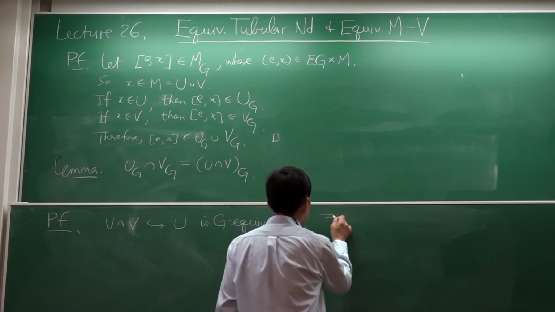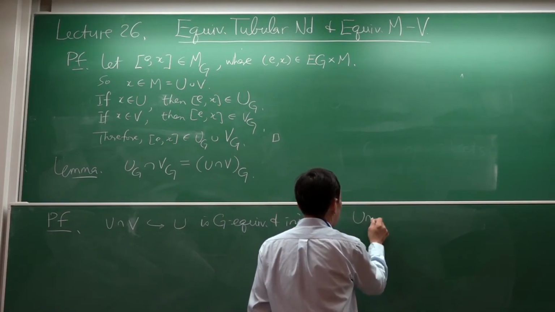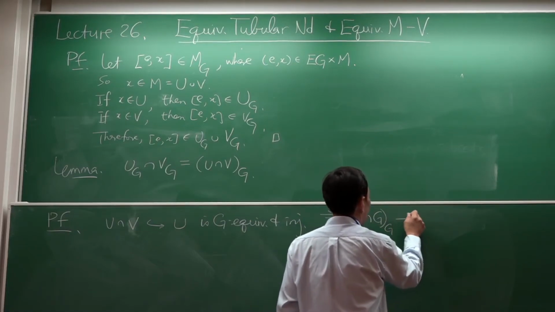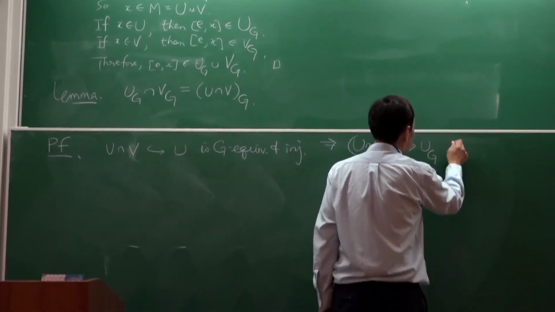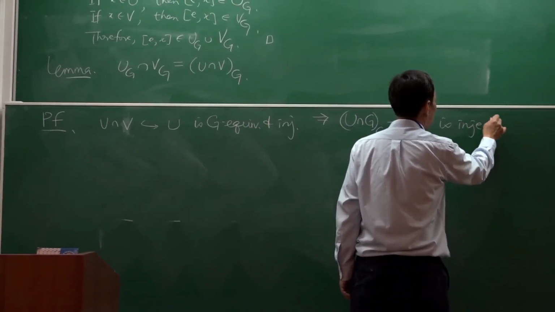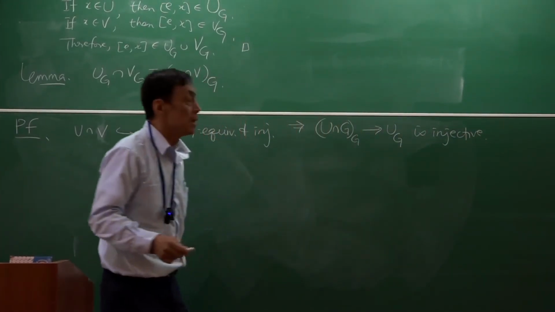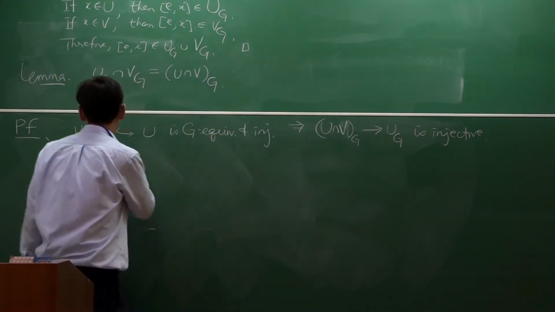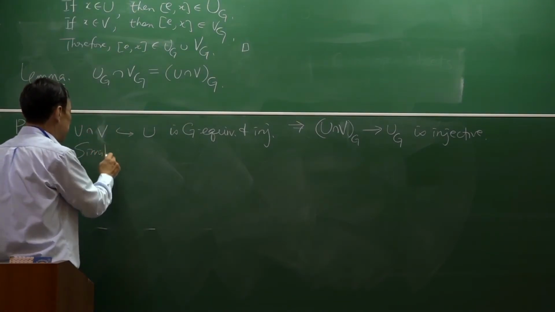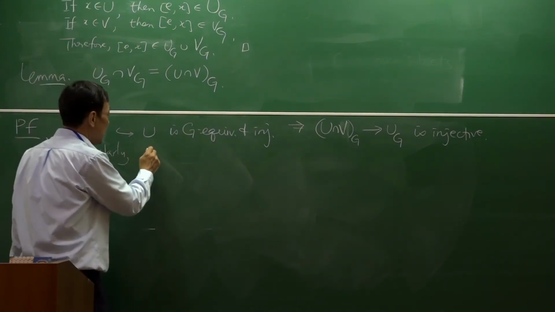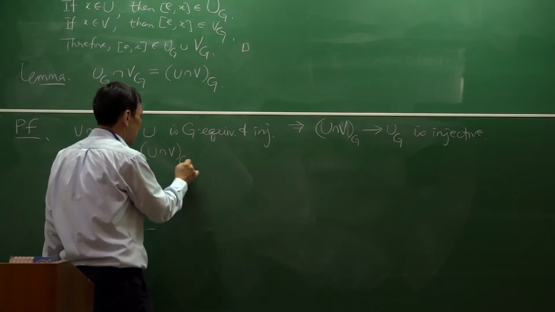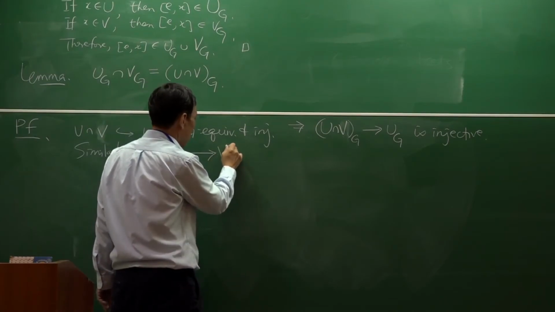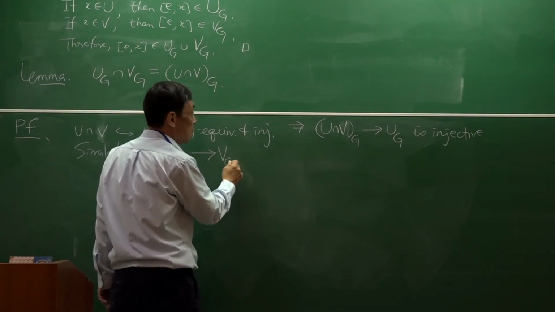So that implies that if you take the homotopy quotient, this is injective. And similarly, (U intersect V)_G is a subset of V_G.